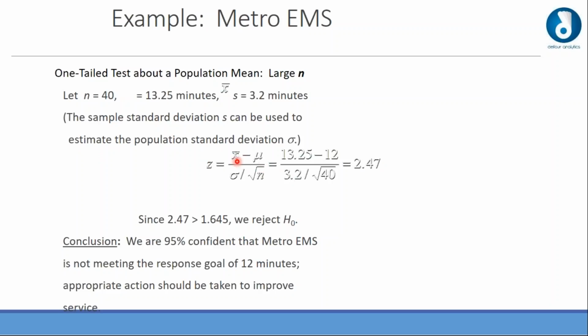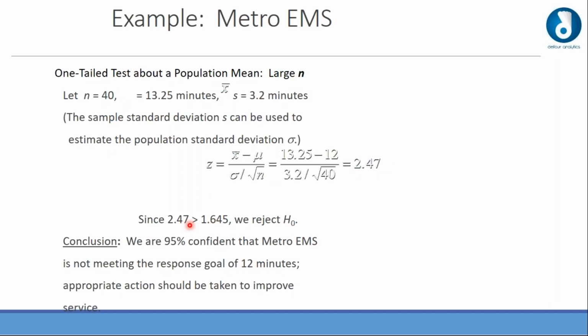We'll calculate the Z value using the formula for Z, which is x bar minus mu upon standard deviation upon root n. So the Z value is coming out to be 2.47.